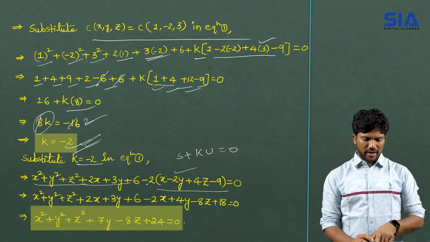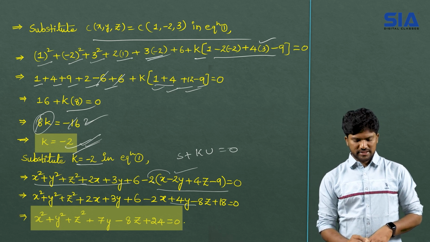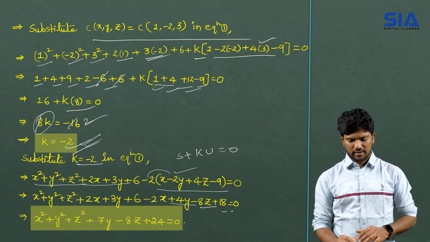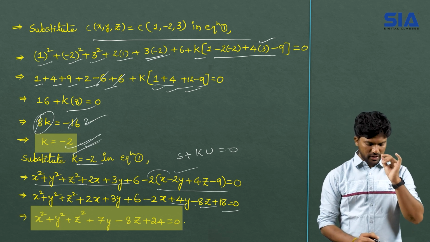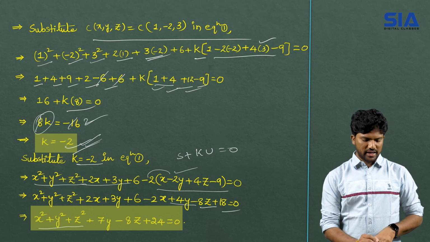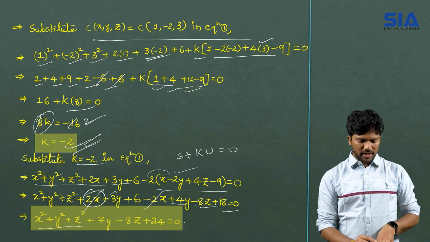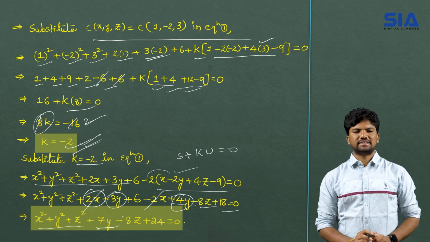So therefore multiply with minus 2: minus 2x, minus into minus plus 4y, minus 2 into 4 is minus 8z, minus into minus plus 2 nines are 18. So therefore x square, y square, z square, only one term each. Next, plus 2x minus 2x will get cancelled. Next, plus 3y plus 4y, if you add them, plus 7y.